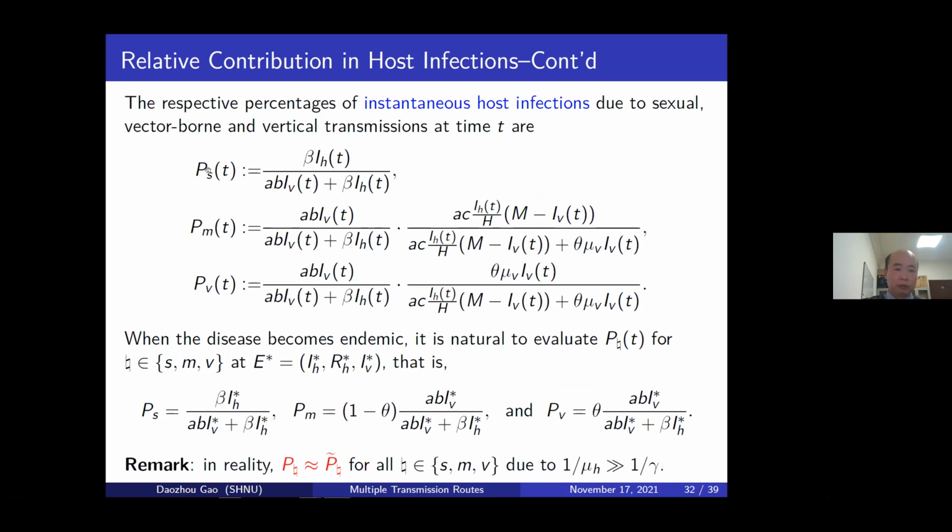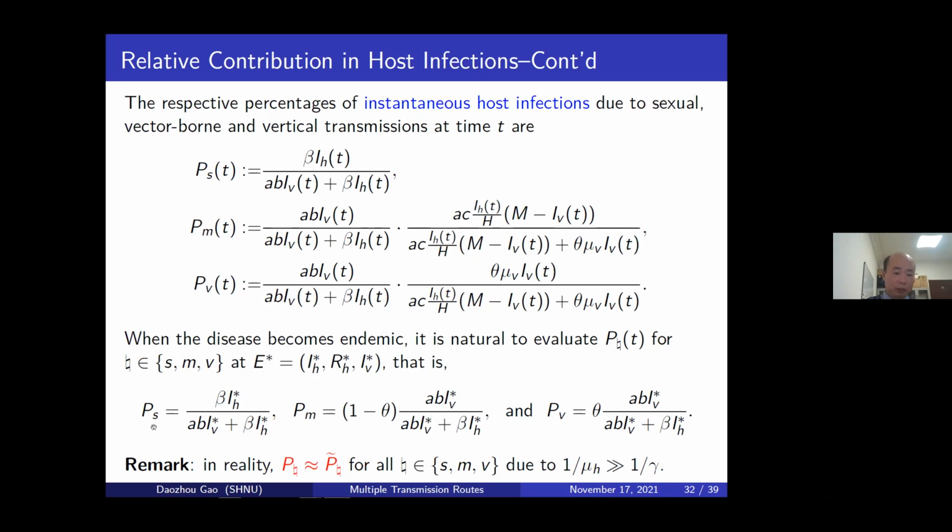Here we obtain the relative percentage of instantaneous host infections due to the three transmission routes at time t. In particular, when the disease becomes endemic, we consider the instantaneous host infection at the unique endemic equilibrium.